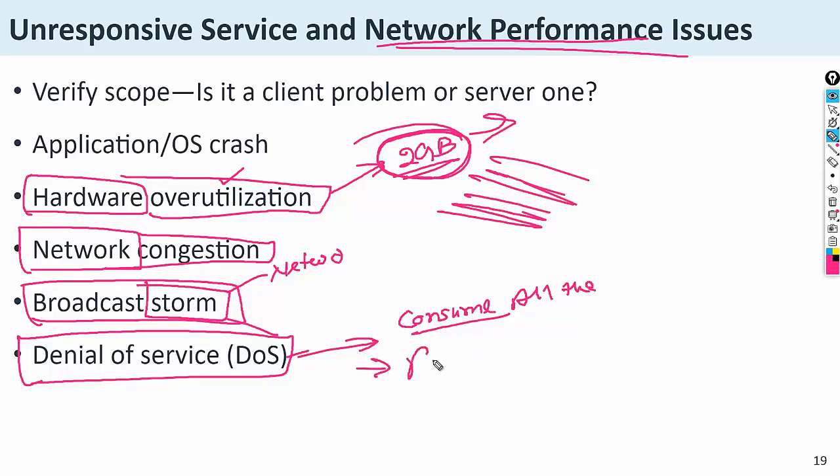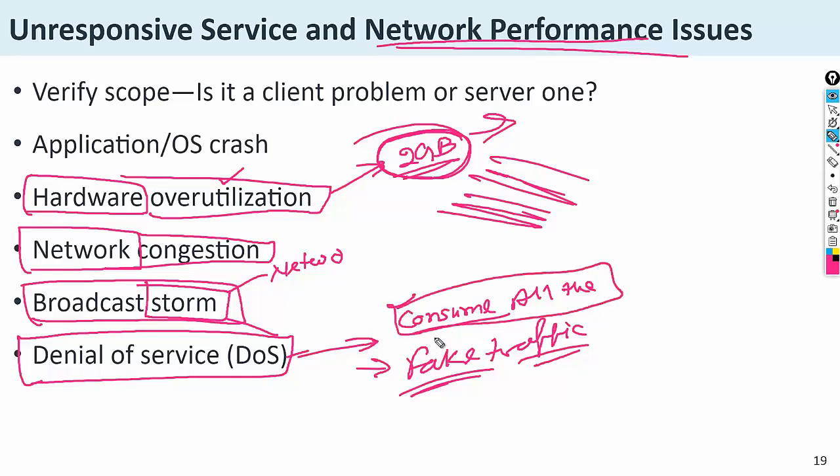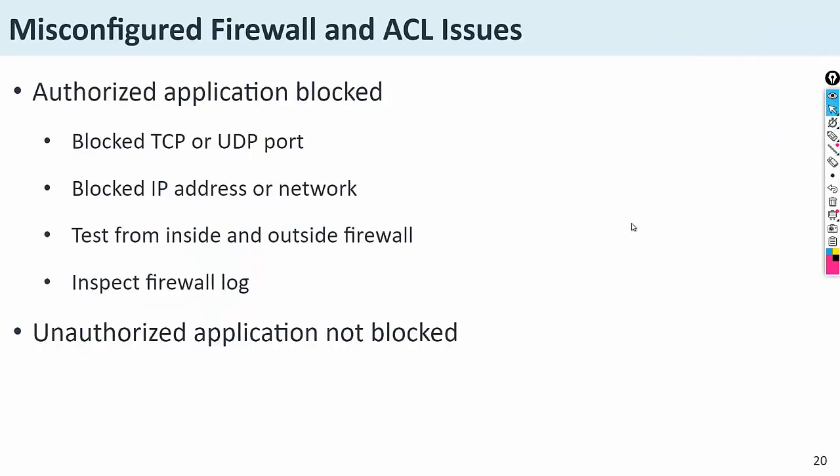By generating fake traffic. How it happens we will discuss later, but right now just think of it as consuming all the bandwidth by generating fake traffic. When all the bandwidth is consumed, the website will not be available for legitimate users, okay, or the right person.